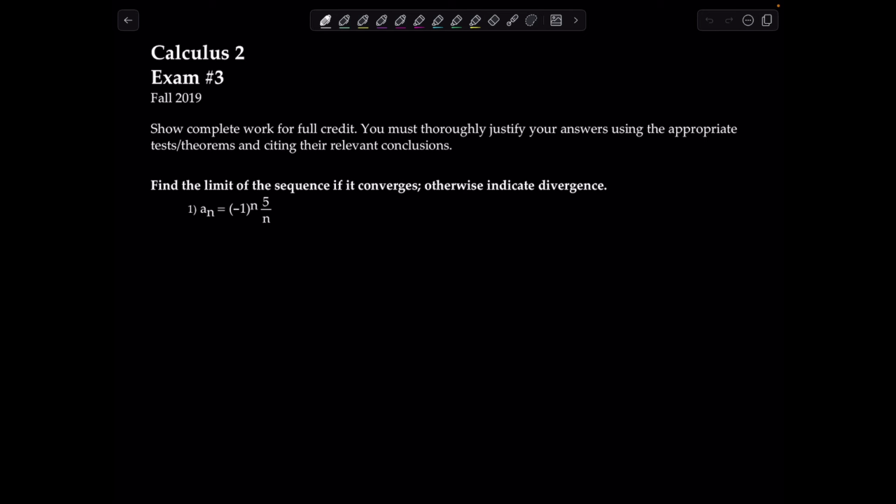Okay, starting off, let's talk about sequences. First problem asks us to find the limit of the sequence if it converges, otherwise indicate divergence. So remember, for a sequence, not a series, if the limit as n approaches infinity of a_n is some finite number L, then we say the sequence converges.